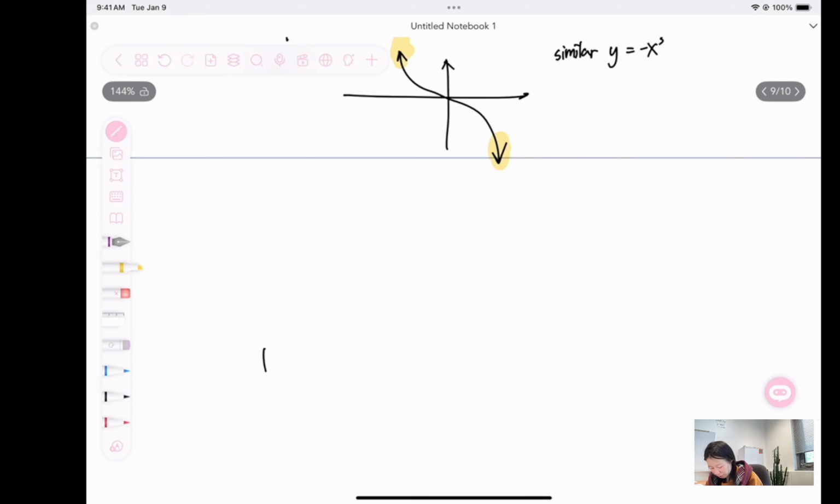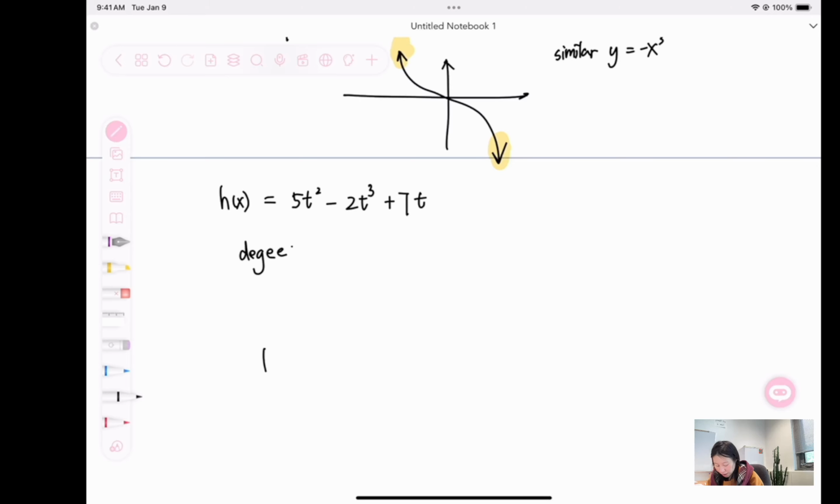Let's try a different one, such as h of x equals 5t squared minus 2t cubed plus 17. Well, this one, the degree, where is the highest exponent? Would be 3. Still 3? Let me change the number. Let's say 4. Well, the degree is equal to 4.